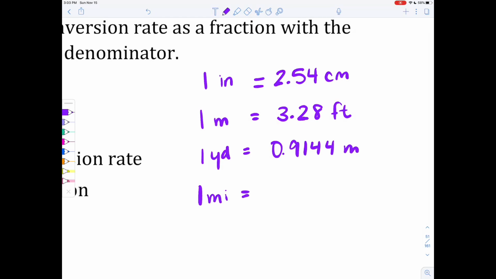And 1 mile is equal to 1.609 kilometers. Now, on your formula sheet, it says that these are precise SI imperial conversions, but they are technically, to some extent, still approximations. So they're very, very close, but they're not actually exact.